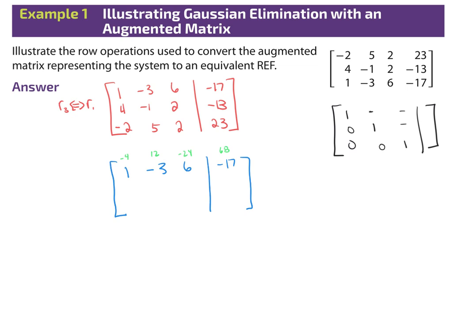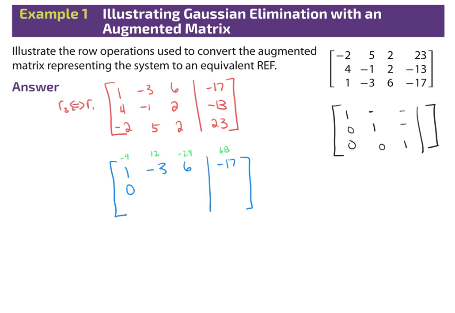All right? Does that make sense? And then I'm going to add it to my second row. So I'm going to say a negative 4 plus a 4. That's going to give me that 0. And then I'm going to say a 12 and a negative 3. That's going to give me my 9.